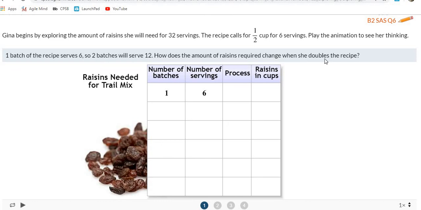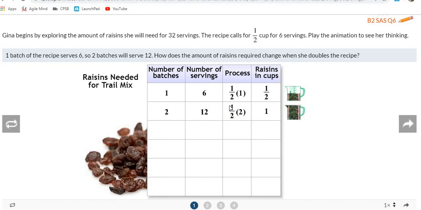We need to look at how the recipe changes. So for one batch, I have a half, because for raisins there was half of a cup. For 2 batches, I need 2 sets of a half, and that equals 1 whole cup.